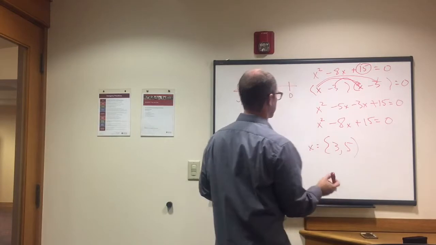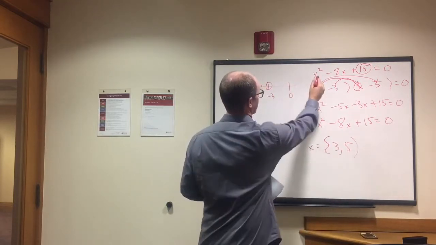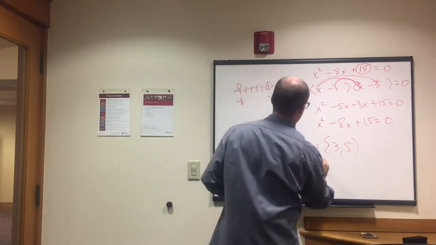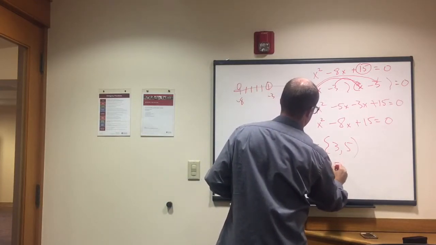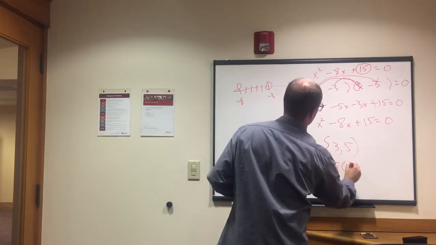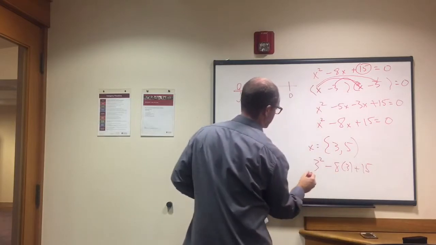If you want proof, let's say we took 3, right? So if we plugged in 3 to this original equation up here, then we would have 3 squared minus 8 times 3 plus 15, right?